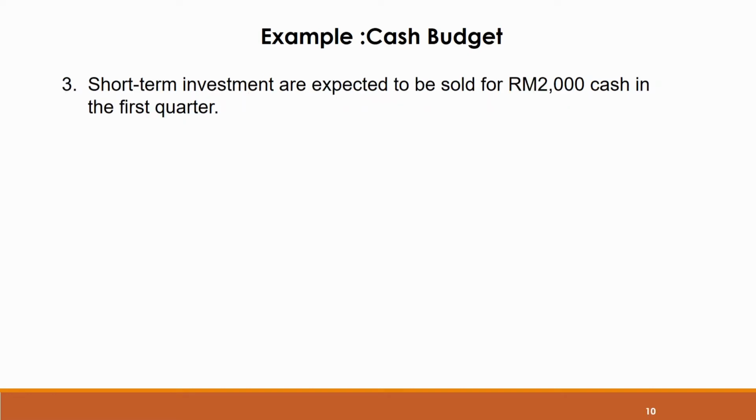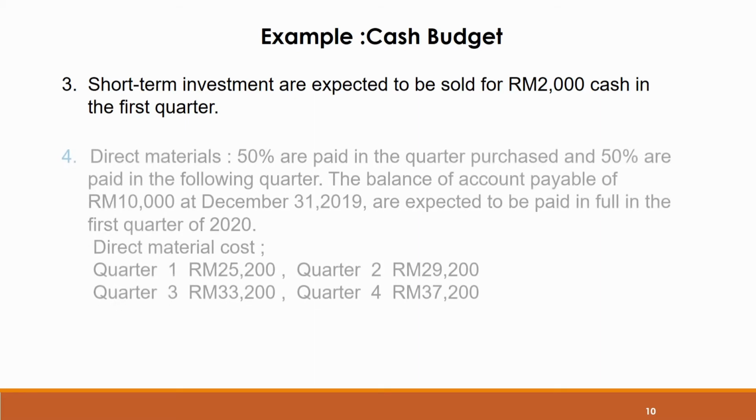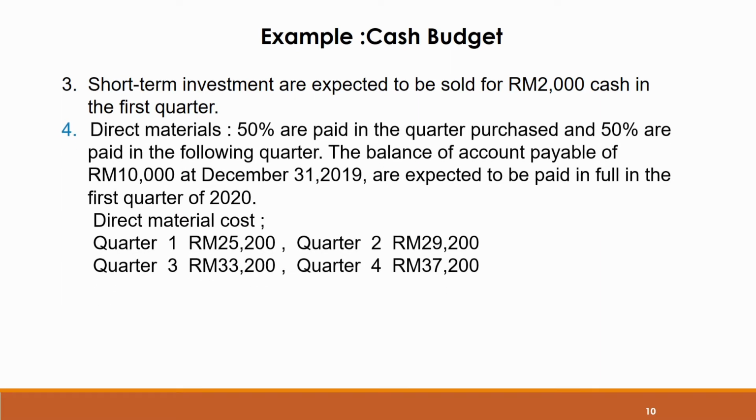Number 3, short-term investments are expected to be sold for Rm 2,000 cash in the first quarter. So we have to record in the cash receipt section. Number 4, direct materials 50% are paid in the quarter purchased and 50% are paid in the following quarter.